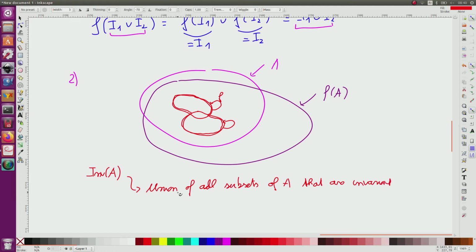And this set is unique and can be defined because the union of invariant sets is an invariant set.